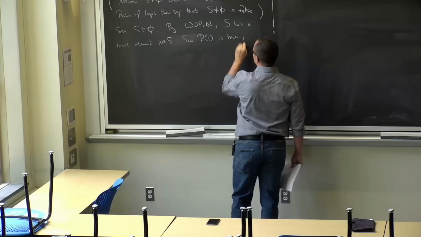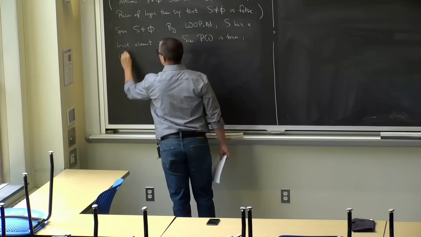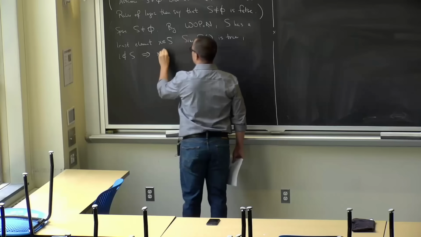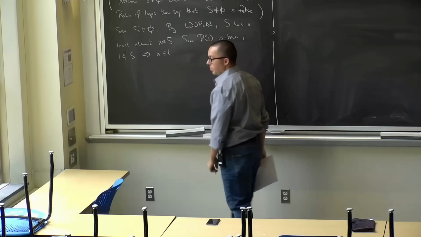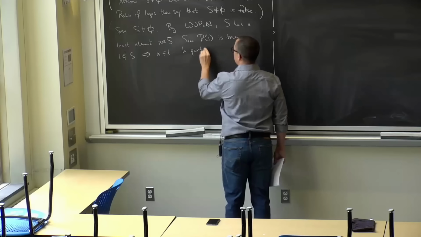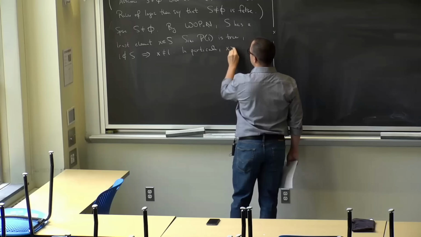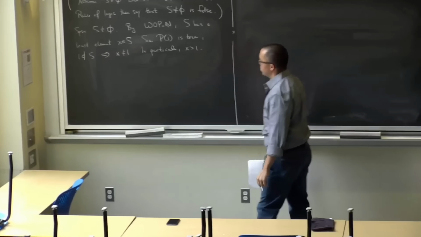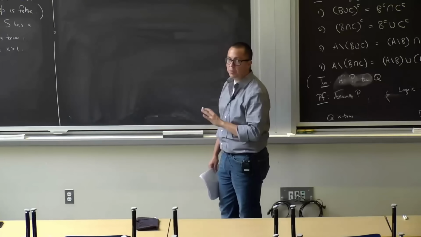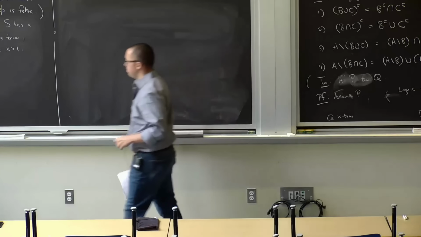Since P of 1 is true, that means 1 is not in S, which means X is not 1. In particular, X must be bigger than 1. So X is some magical natural number out there bigger than 1. That's the least element of this set S.